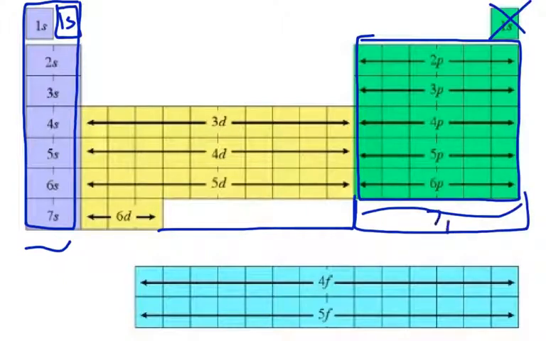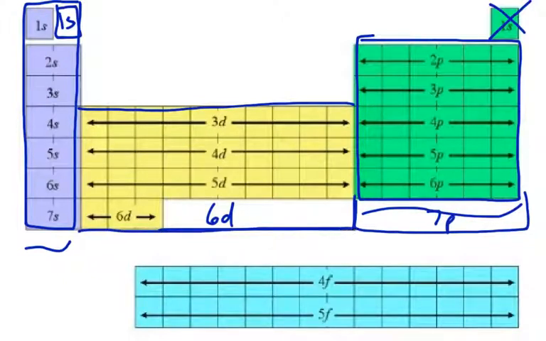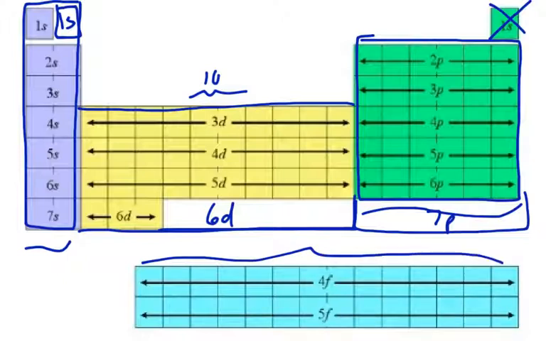This would be the 7p. This would be the 6d. This middle section, what we call the transition elements, there's 10 across. And then the f's down here below, if you count the elements across, there's 14. See, it fits out perfectly.